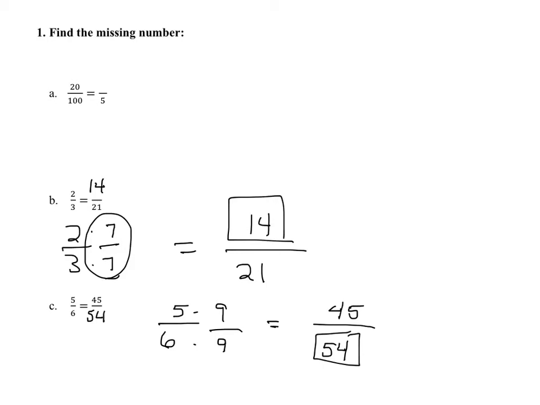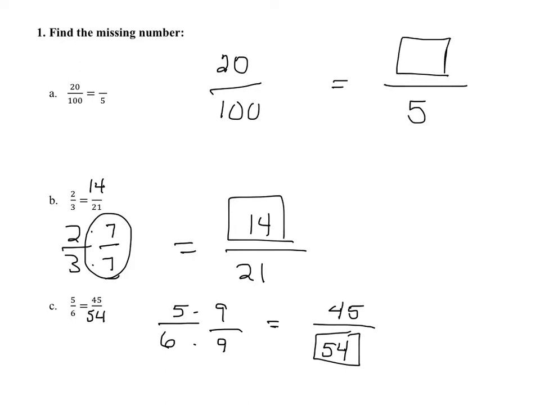But what about A? Well, I hate to divide the top and the bottom by the same number, but it is equivalent. But a lot of math people go, ew, you're really only supposed to be multiplying. So in this case, 20 over 100 is equal to something over 5.